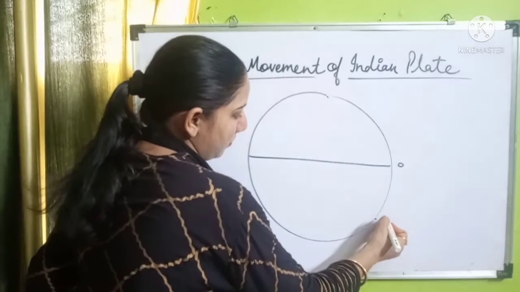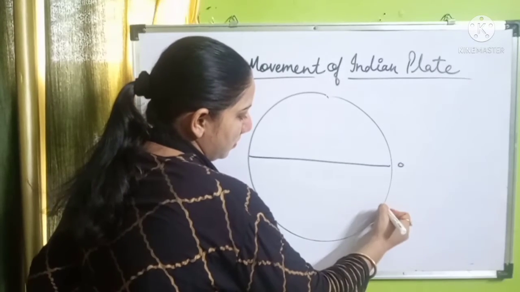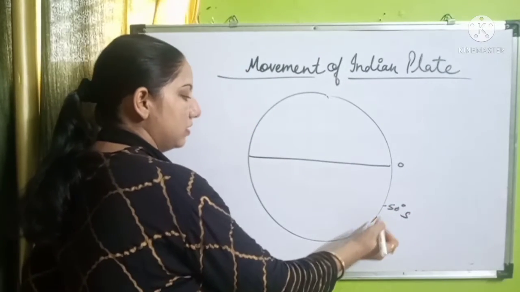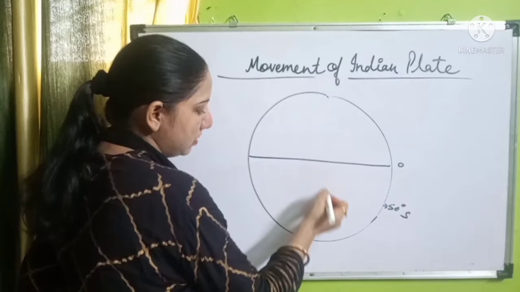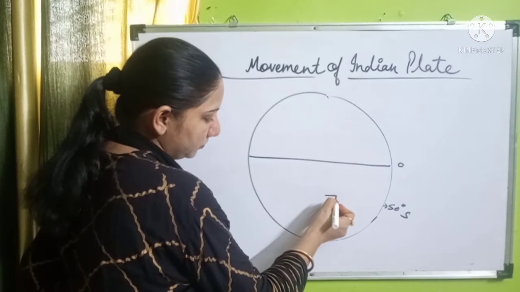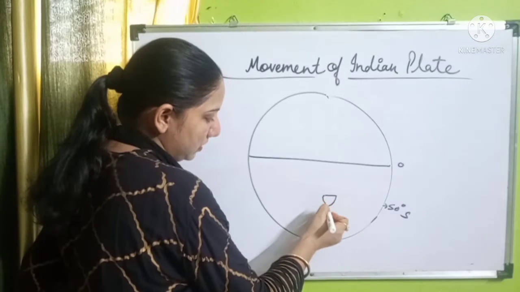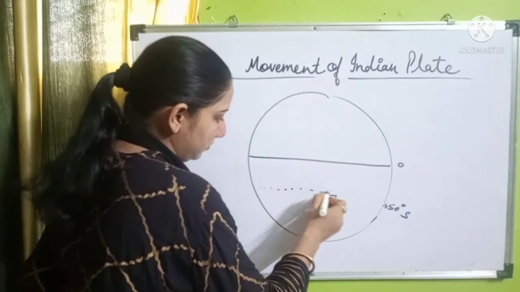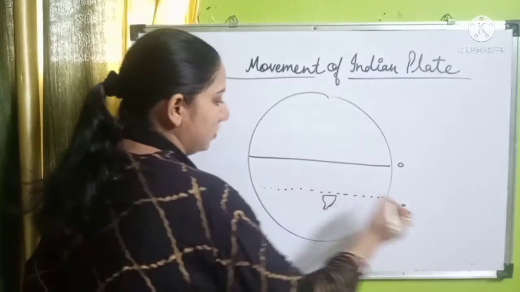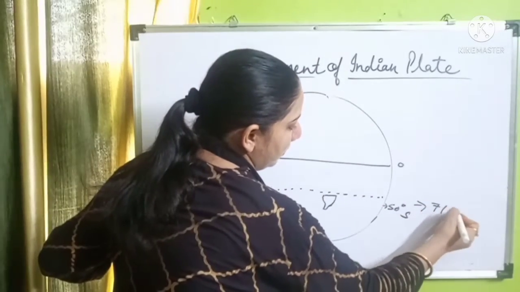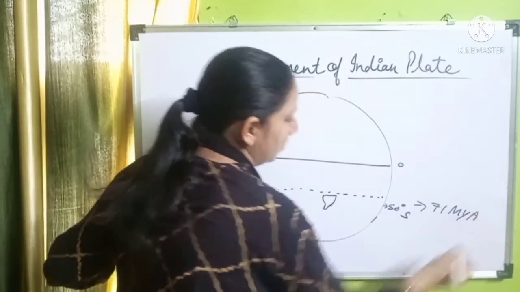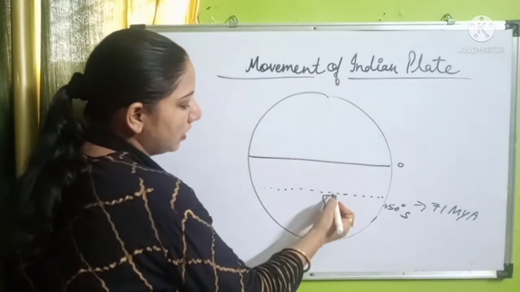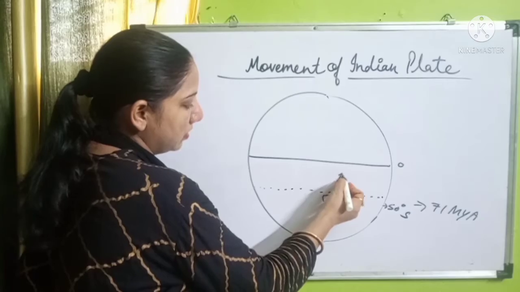Somewhere around 50 degrees south, the Indian plate was there. We will go through only the Indian plate. So it was here around 71 million years ago. Then it started to shift towards the north direction.